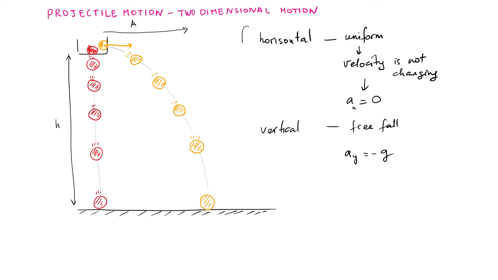And these two combined together, horizontal and vertical motion, for the yellow ball is projectile motion. So any time you are seeing a projectile motion, you can think of a combination of horizontal and vertical motions together.